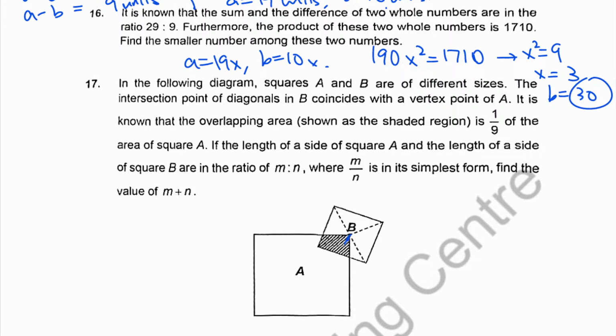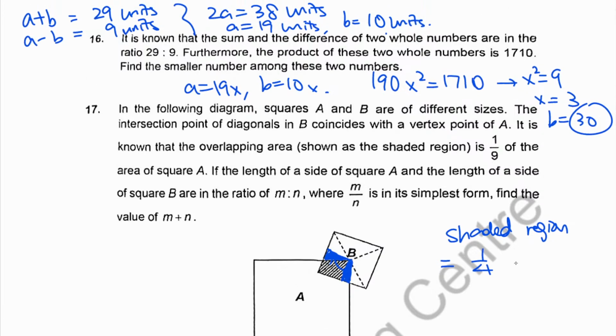So, well, if you try and cut and paste, right? So you sort of can cut this triangle and paste it to here. Okay, so the shaded region, so this will go here. The shaded region is 1/4 of the area of B.